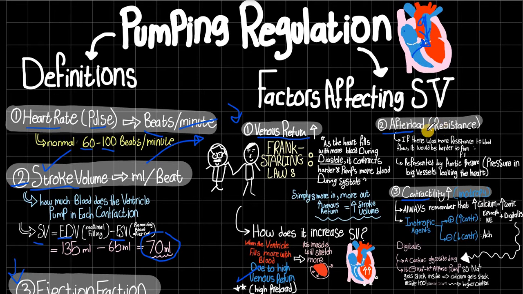This is known as the afterload or the resistance. So if the ventricle was trying to pump some blood and there was resistance to that blood by vasoconstriction, this is known as the afterload. So higher afterload means lower stroke volume, and it's represented by the aortic pressure. So higher pressure in the aorta means higher resistance, means higher afterload, and then a lower stroke volume.